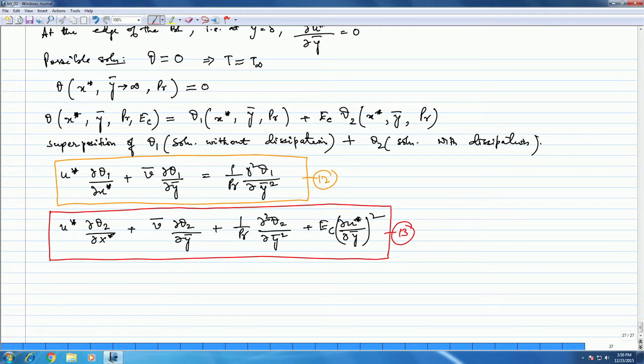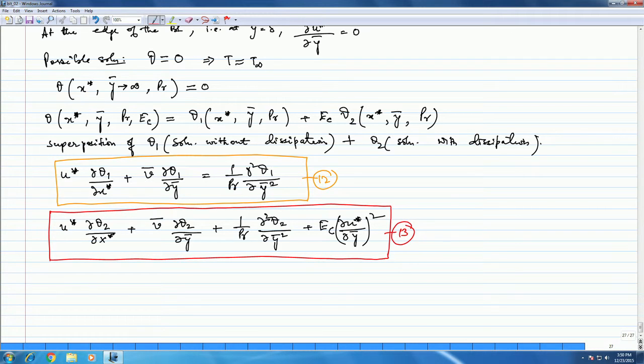The way we can look at equation 12 is that this is a linear equation, and the dissipation term holds. Why? Because the dissipation effects are small, since the velocities are small. So, the Eckert number is basically negligible, nearly 0.